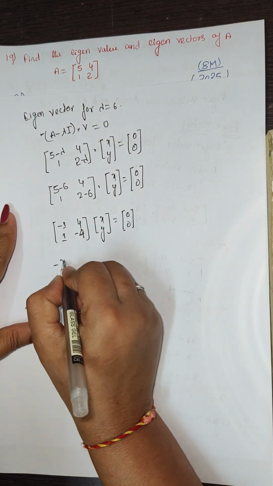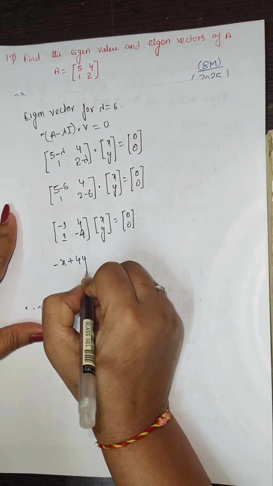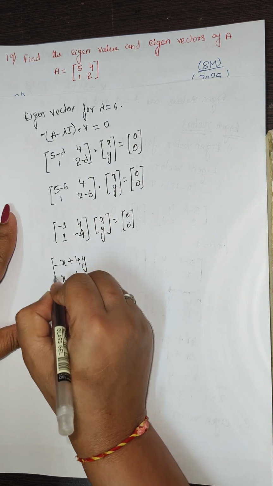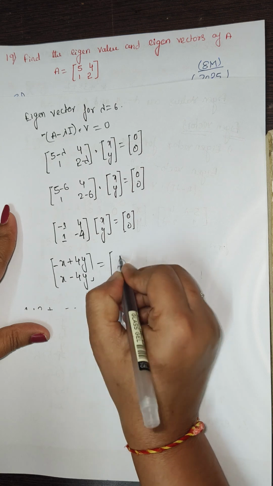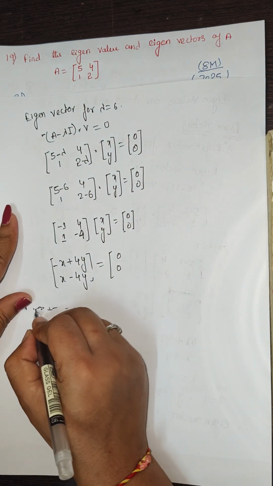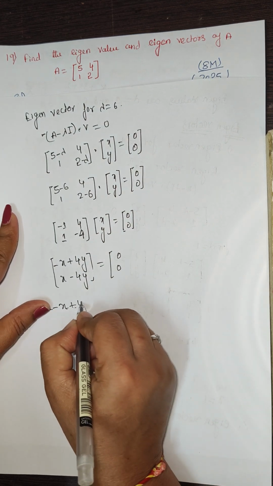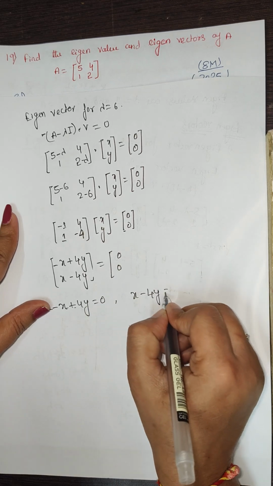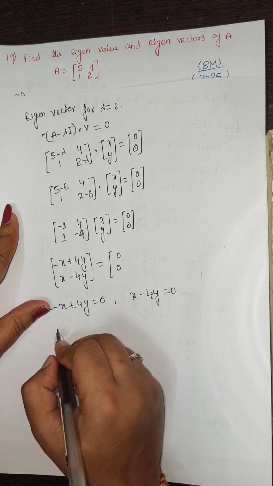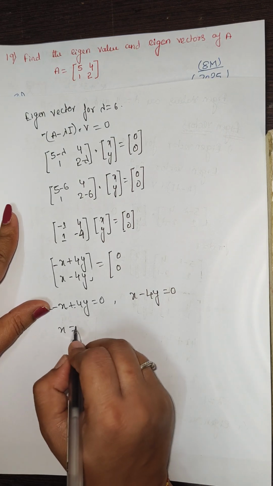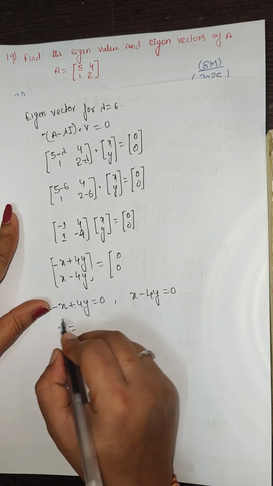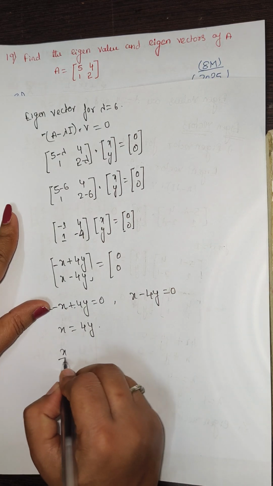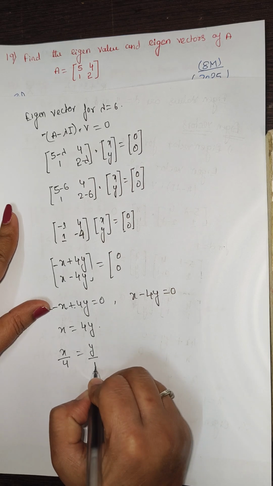Minus 1 into x is minus x plus 4y, and 1 into x is x minus 4y, equals 0, 0. So we get two equations here: minus x plus 4y equals 0, and x minus 4y equals 0. Both are the same only. So x equals 4y. Sending the coefficient to the other side, x by 4, y by 1.